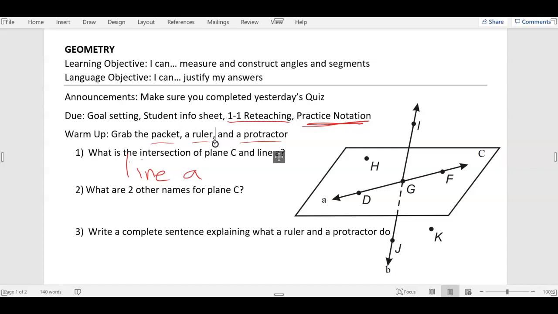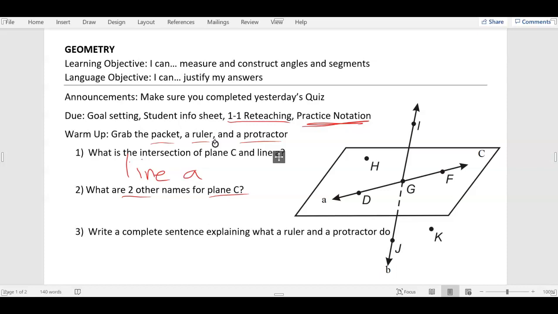Number 2, I need 2 other names for plane C. So, plane C, how do you name a plane? 1 point, 2 points, or 3 points? 3 points. So anybody, tell me 3 points on plane C, and that'll be an answer.